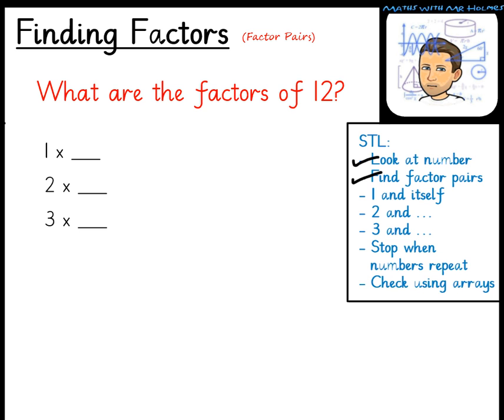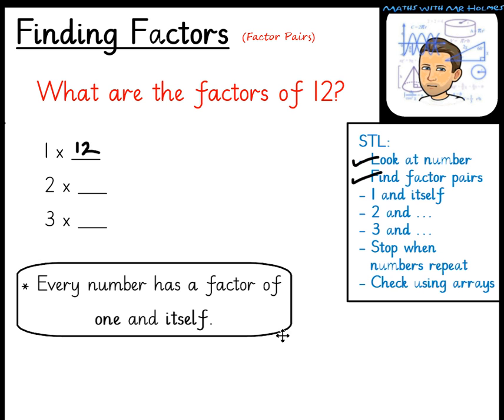So the first thing that we're going to have a look at is 1 and itself. So the number is 12. So that would be 1 times 12, which would equal 12. So they're our first factor pair. Every number has a factor of 1 in itself.